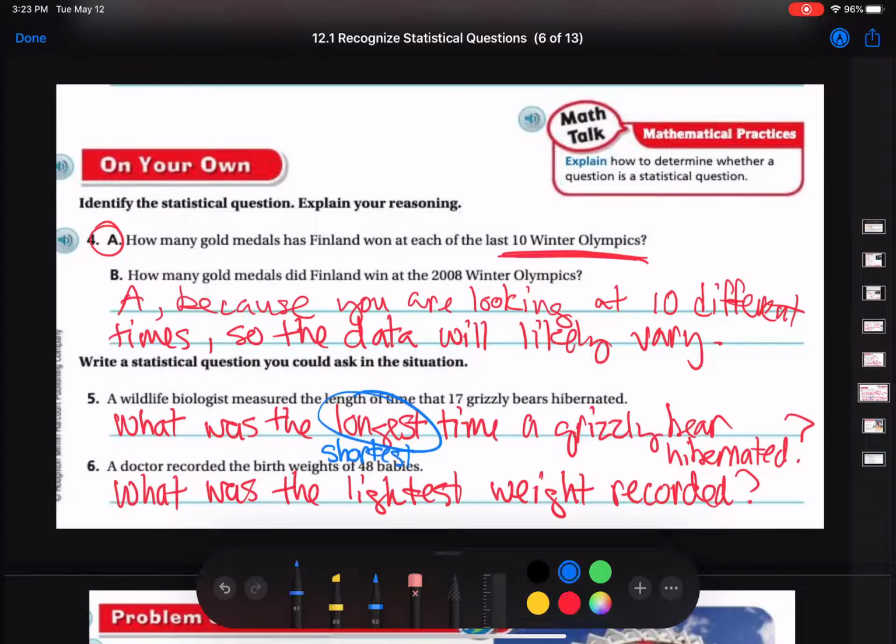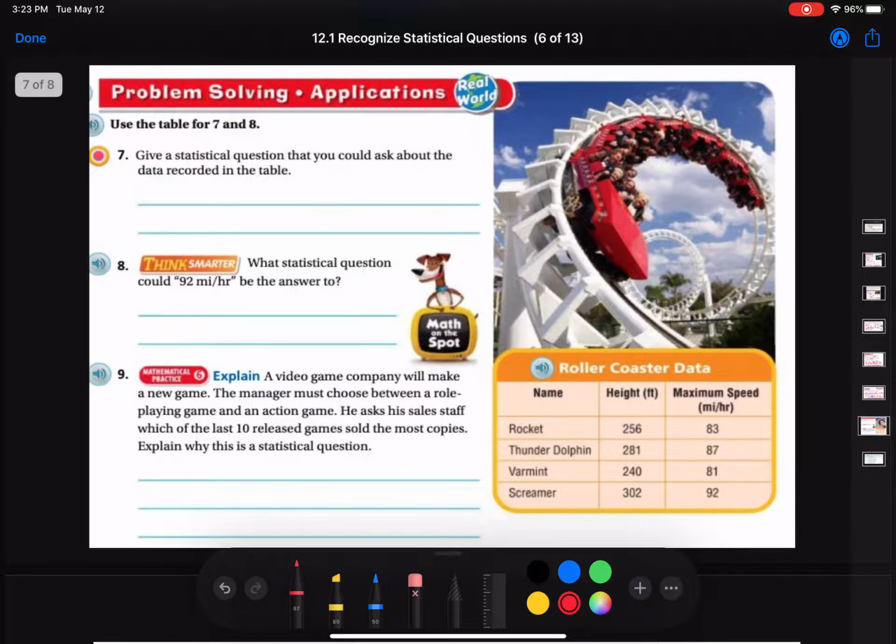Okay, or instead of saying lightest, you could say heaviest weight recorded. Okay, let's look at some more.